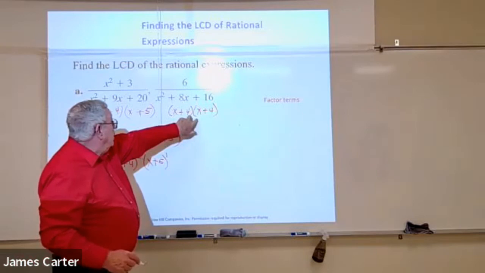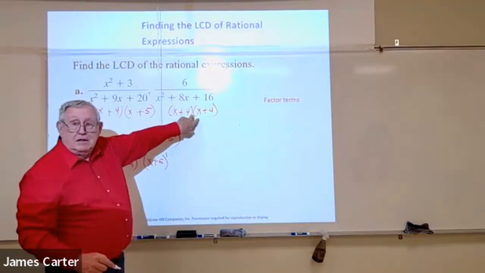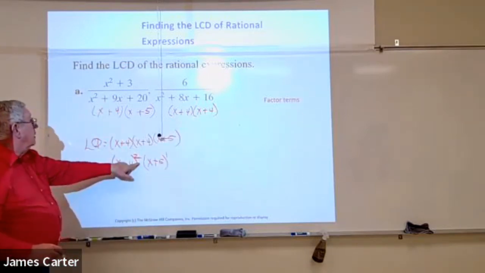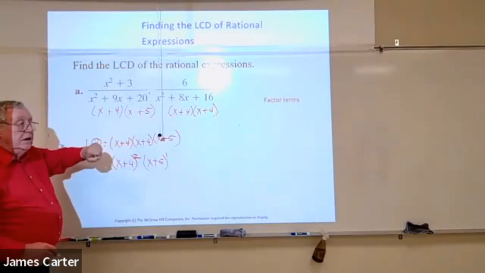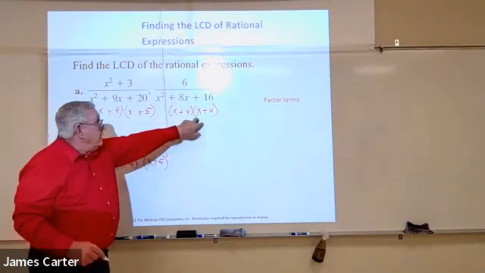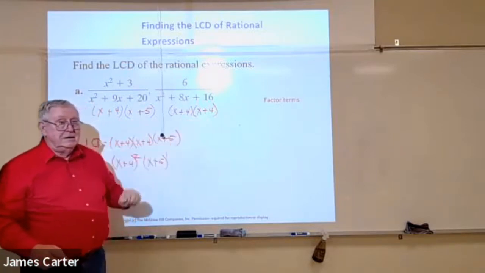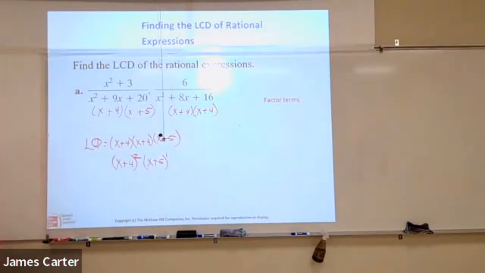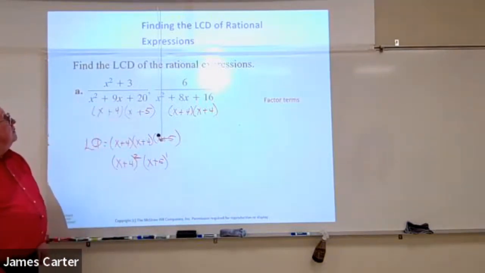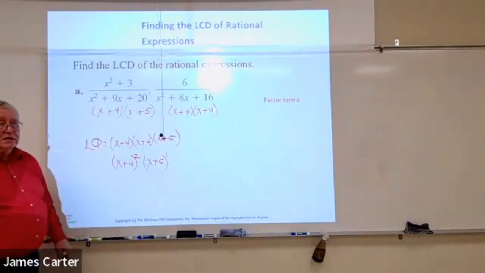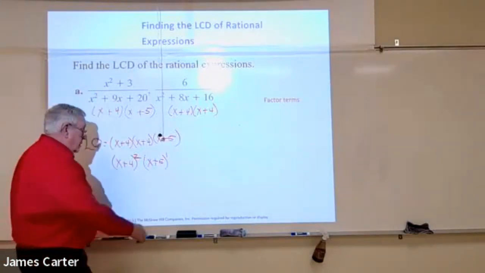These two together are x plus 4 to the second. Okay. This one is just x plus 5 to the first. This is included in that. Okay, so this is my least common denominator on that. That's all it's asking us to do so far.